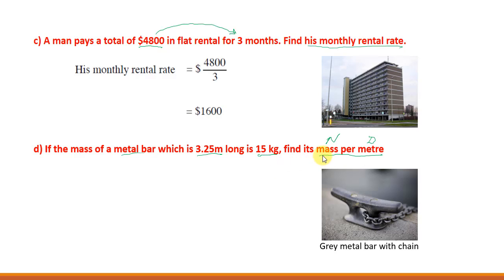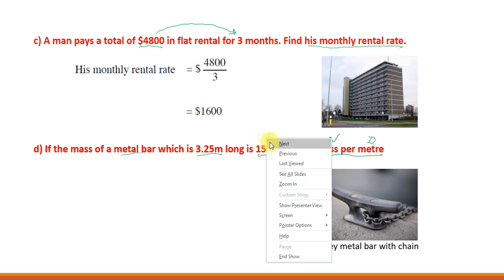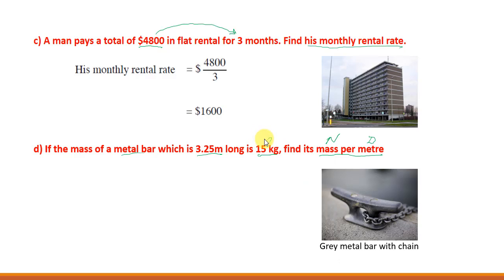Now mass means 15, M for mass, and this is our length, which is in meters. So we will divide mass per meter. So 15 divided by 3.25.